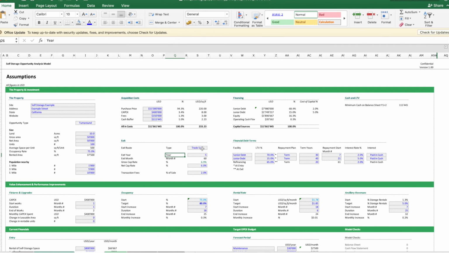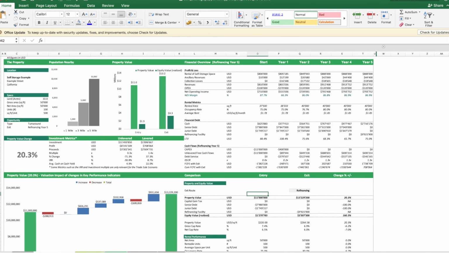The other scenario we want to look at is the refinancing scenario. In that scenario, we're not going to sell the property, but what we do is we try to refinance the existing debt, and now the refinancing will happen at a higher property valuation. In this case, 65, or maybe we can even get 75% of the property value down the road in 5 years.